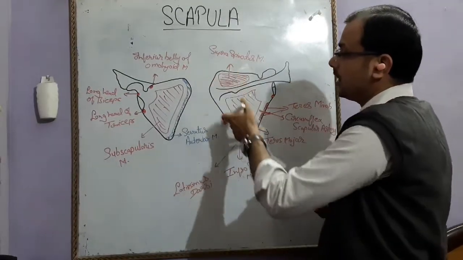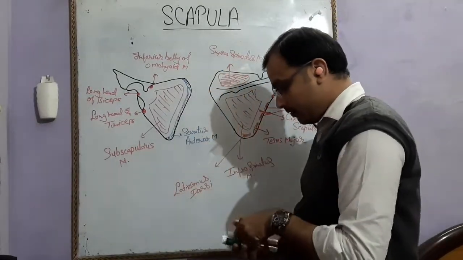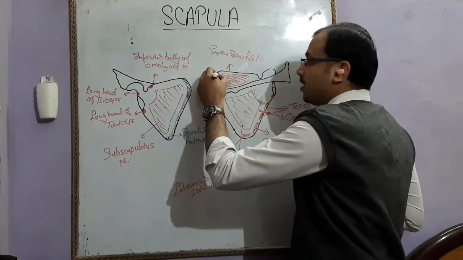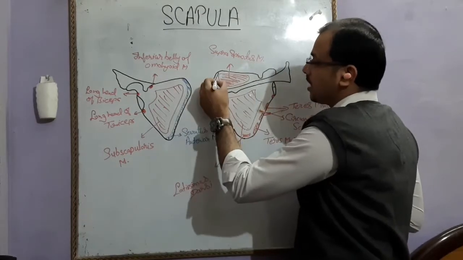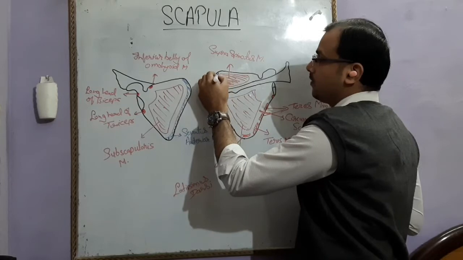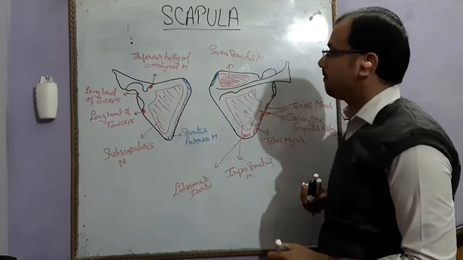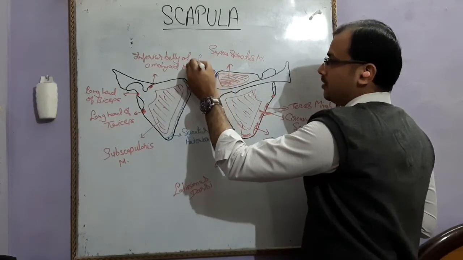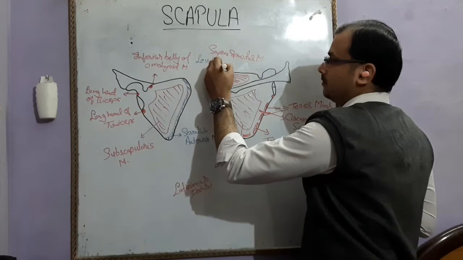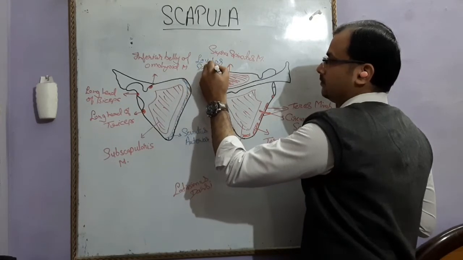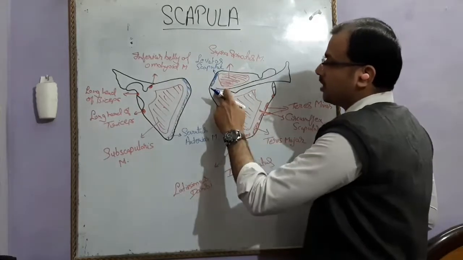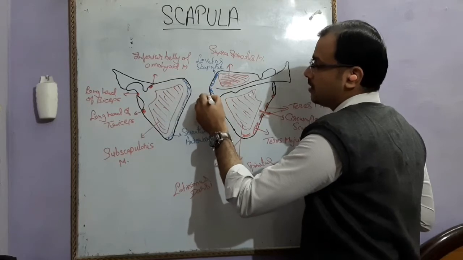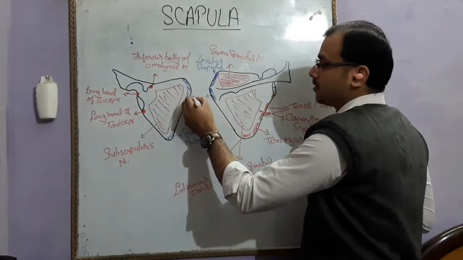Now we will talk about the attachments on the medial border of the scapula. On the medial border, all the muscles are inserted from the superior angle up to the root of the spinous process. This is the insertion of the levator scapulae muscle. Just opposite to the root of the spinous process, here is the insertion of rhomboideus minor muscle.